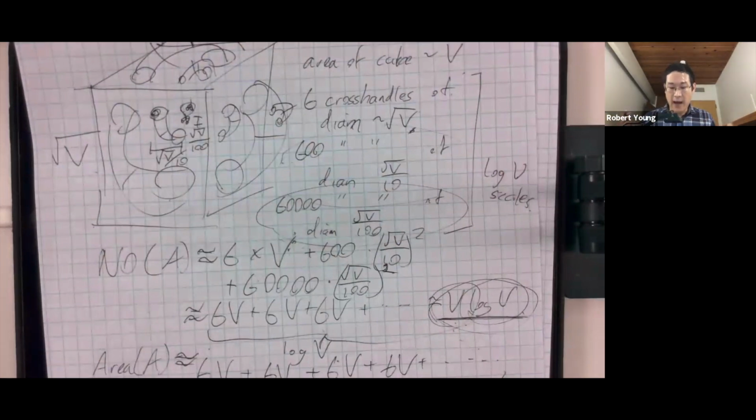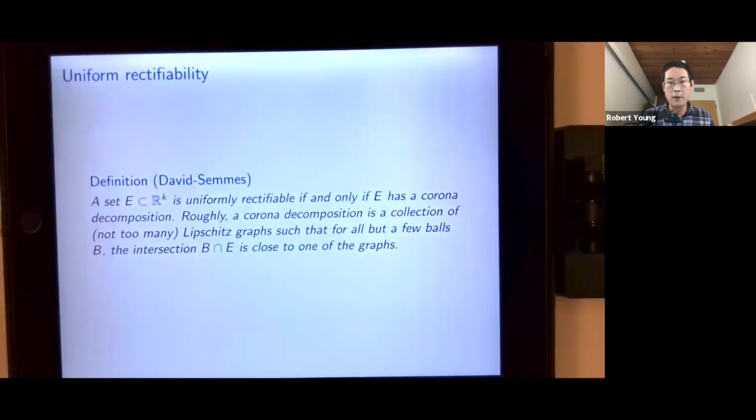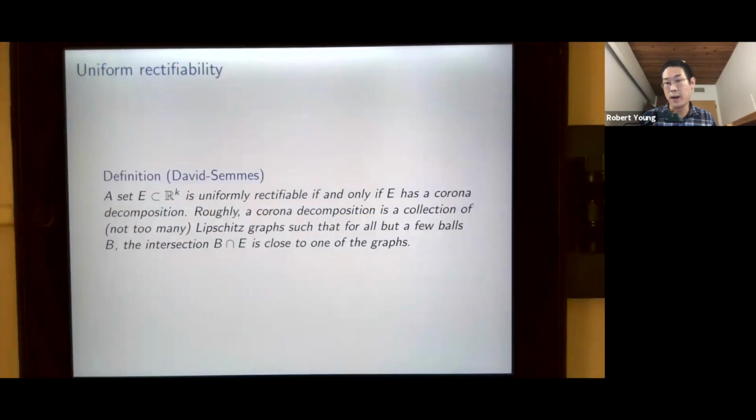You would need a lot of Lipschitz graphs, and that goes counter to the spirit of this definition. That's too many Lipschitz graphs. So you can define a notion of uniform rectifiability that makes this precise.